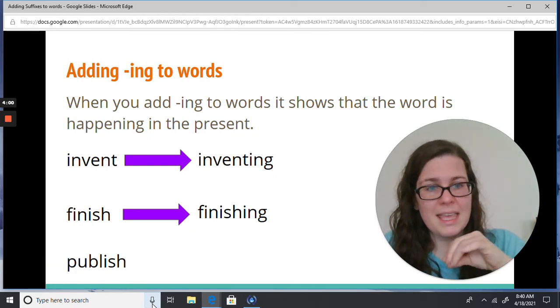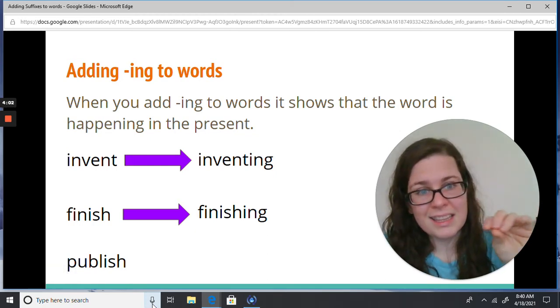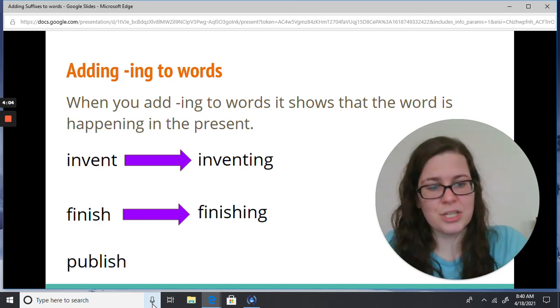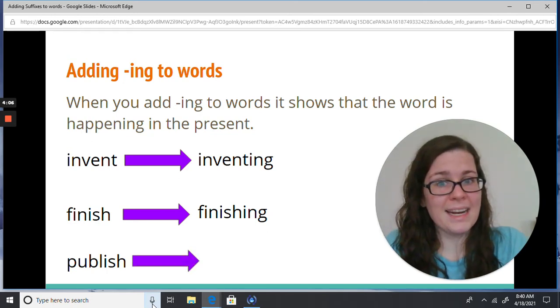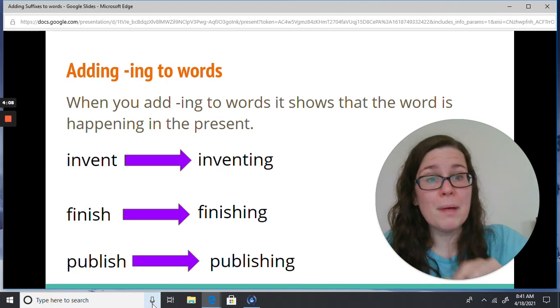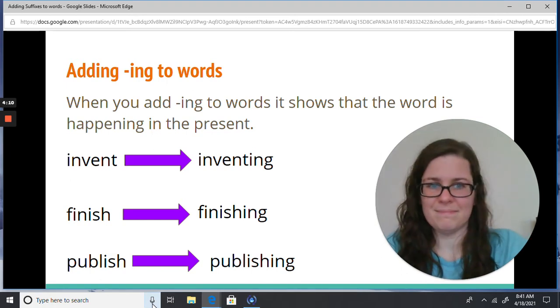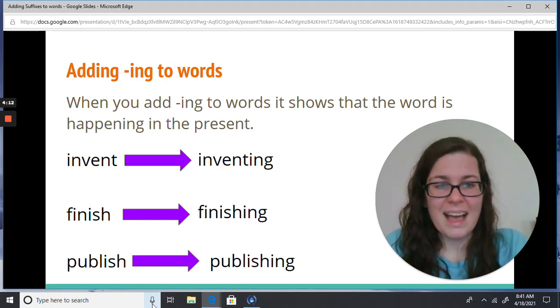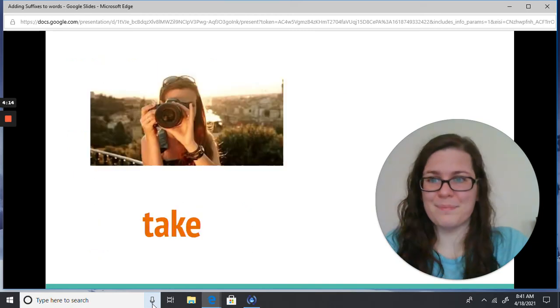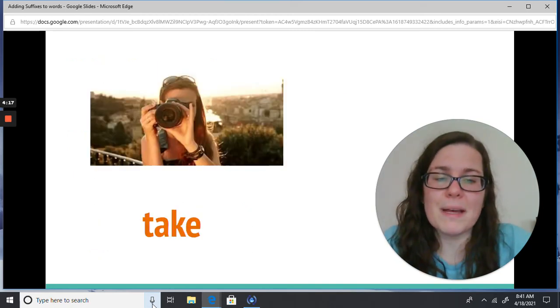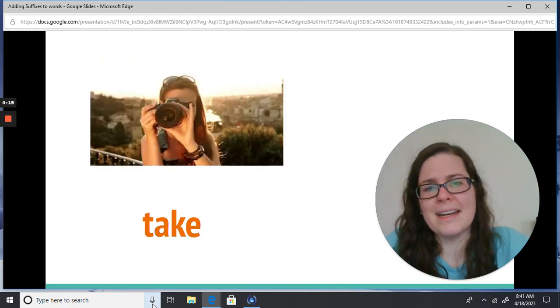Pub, and then lish, publish. And when we add ing, you get publishing. Ing adds another syllable.